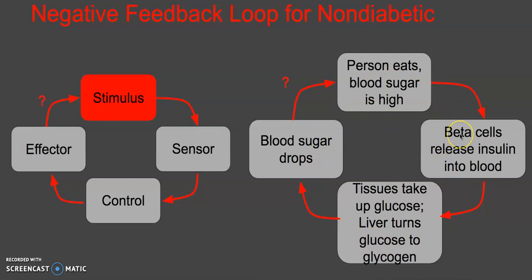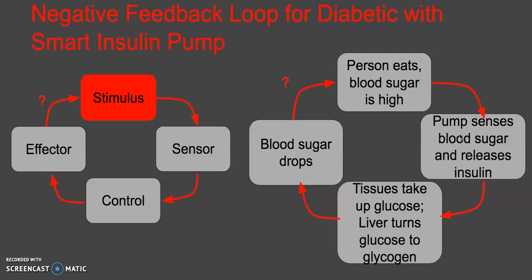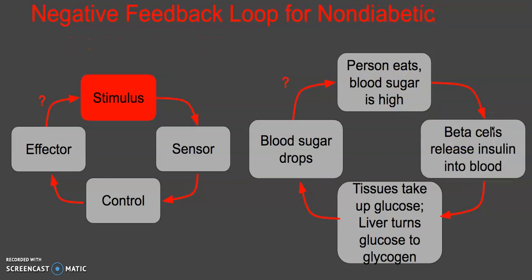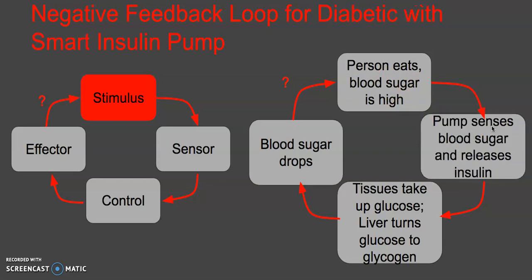And so if we then look at a negative feedback loop for a diabetic who's using a smart insulin pump, then the person eats and blood sugar gets high. And it's not the pancreas that senses the blood sugar rise, but it's the pump that senses the blood sugar rise, or that sensor. And then the pump releases insulin.